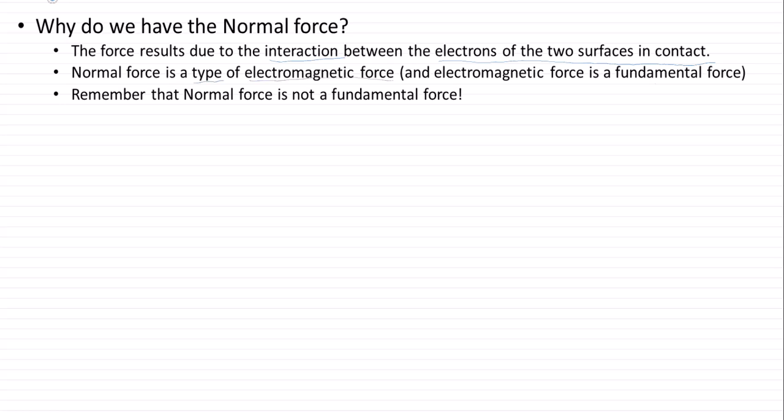And you may already be aware that electromagnetic force is a fundamental force. There are 4 types of forces which are fundamental in nature. Which are they? There is the force due to gravity, and then there is also electromagnetic force, which is the force we are talking about when we say normal force. That's the second type of force.